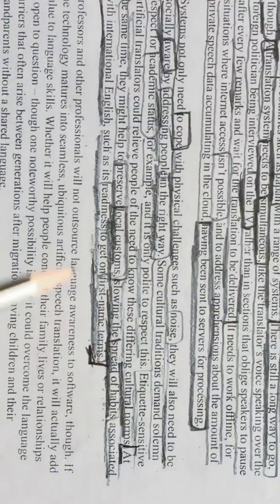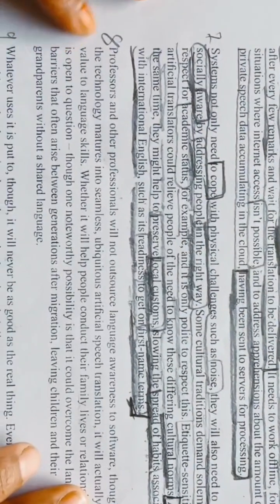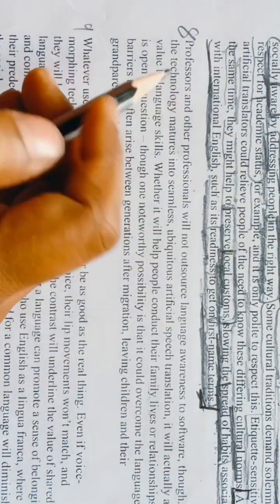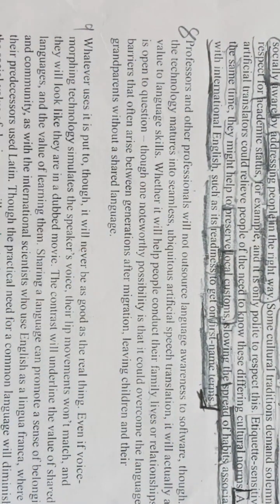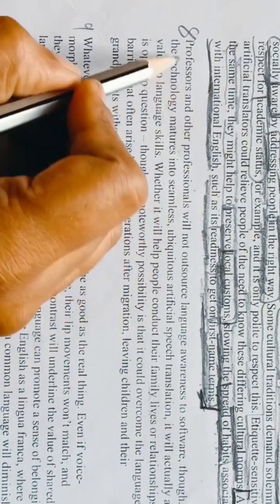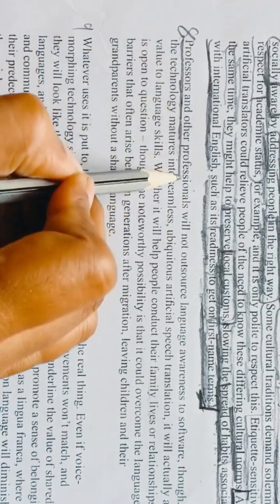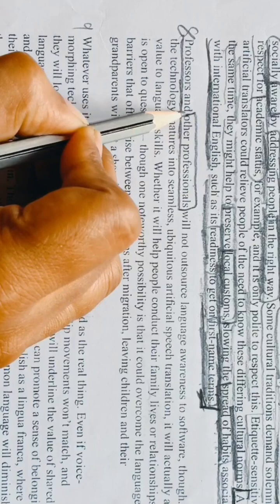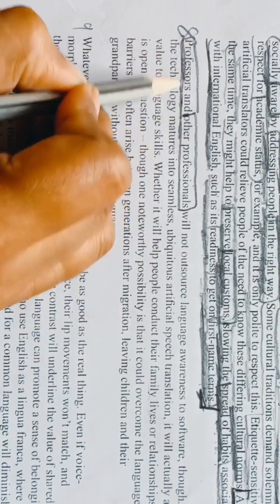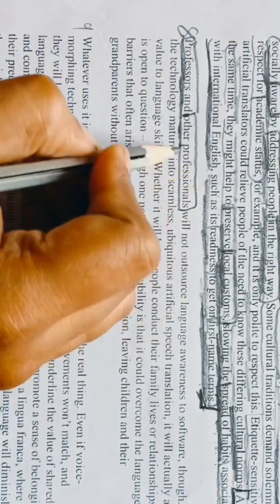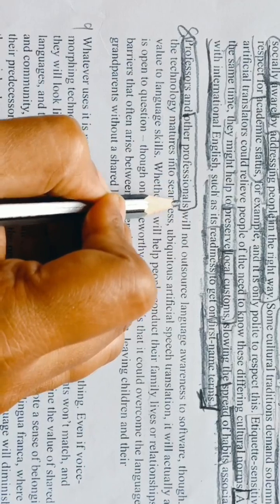So now let's quickly move forward towards our 8th number of paragraph and let's find our answers. So let's quickly read it. Professors and other professionals. So here they are talking about professors and other professionals, means here we are getting our another keyword.